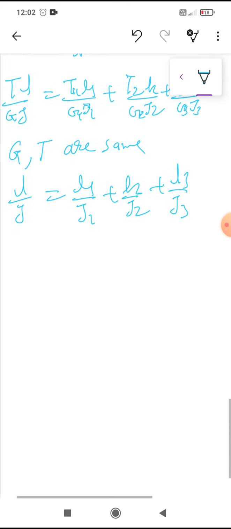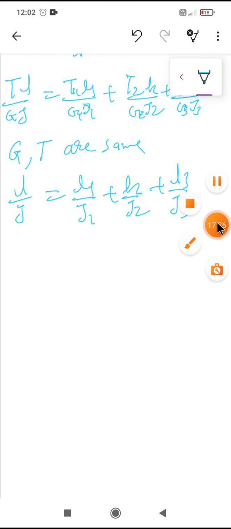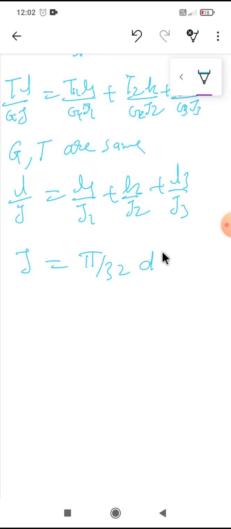Now what is the formula for J? The polar moment of inertia is J equal to pi by 32 d raised to 4. We will use this formula here.